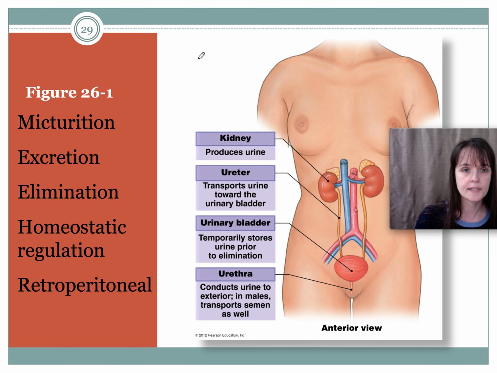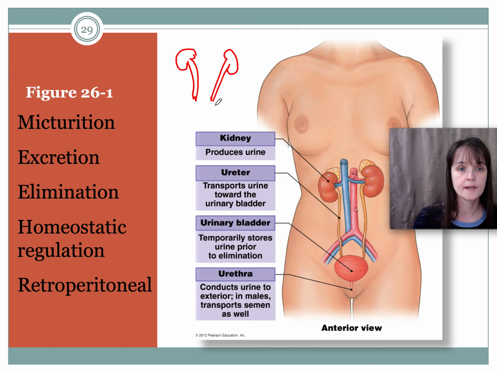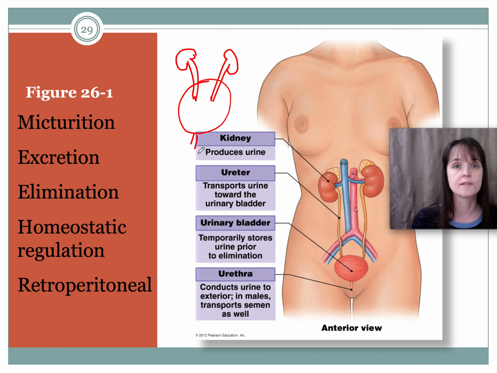So our drawing is kidneys, ureter, kidney, ureter, and they actually hook into kind of the back of the urinary bladder. That's too big. And then it comes out the urethra, not ureter. Okay, and micturition is the term for urination.